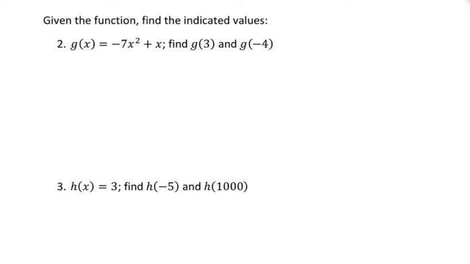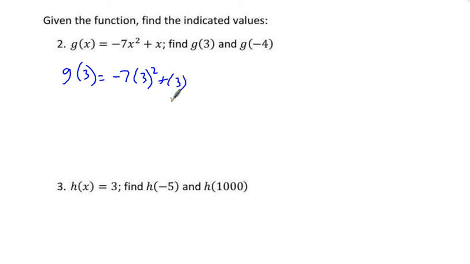In the next couple examples, they're very similar to the review questions at the beginning, where we were evaluating functions given certain values for the variables. Well, here it's exactly the same, except we're using the function notation. First, find g of 3. So find function g, there it is, and substitute 3 in for every x. Negative 7 times 3 squared plus 3.